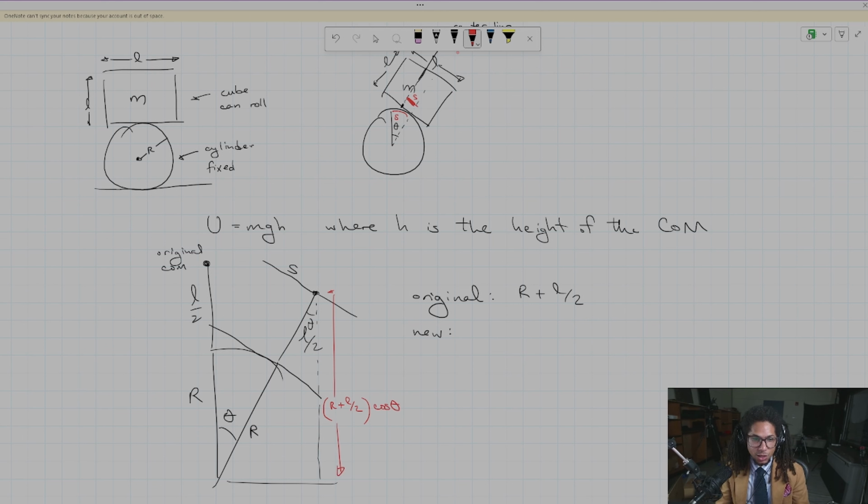But that isn't actually the height of the center of mass. For that, I need to keep going. Okay, that angle is theta. And that means if I draw a horizontal line here, well, this angle must also be theta.